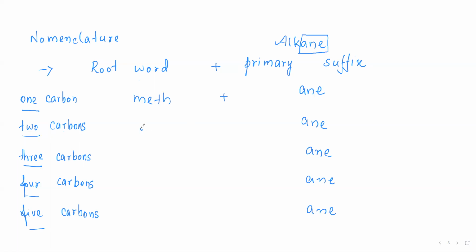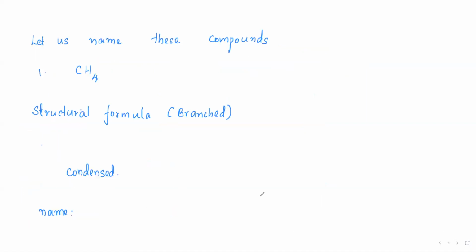If you have two carbons, then the root word is eth. For three carbons, the root word is prop. For four carbons, the root word is but. And finally, for five carbons, the root word is pent. So the syllabus here tells us only up to five carbons we need to study. So meth, eth, prop, but, pent are the root words.